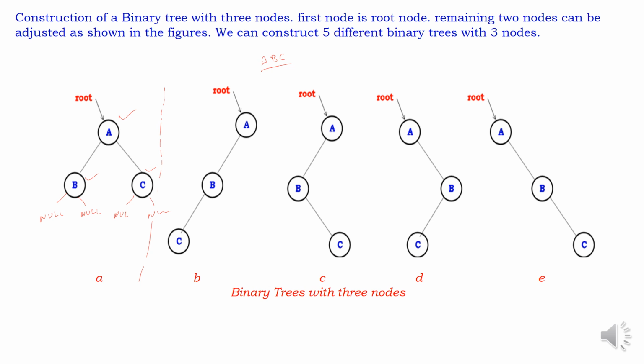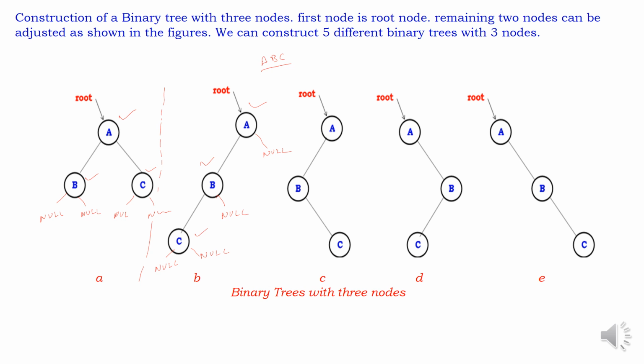Or A may be its root node, B may be its left subtree, and C may be left of B, where right of A is null, right of B is null, right of C is null, and left of C is also null. So in this way, you can construct a binary tree.